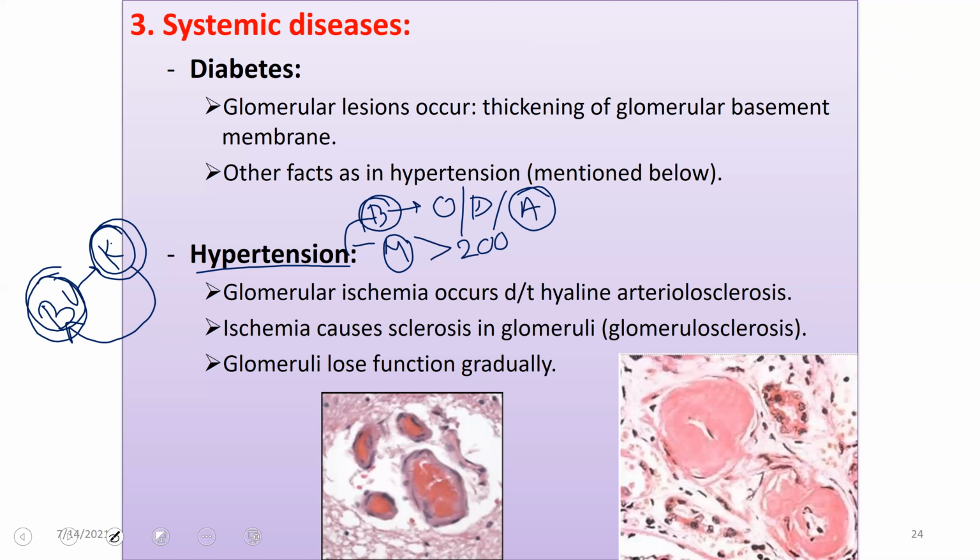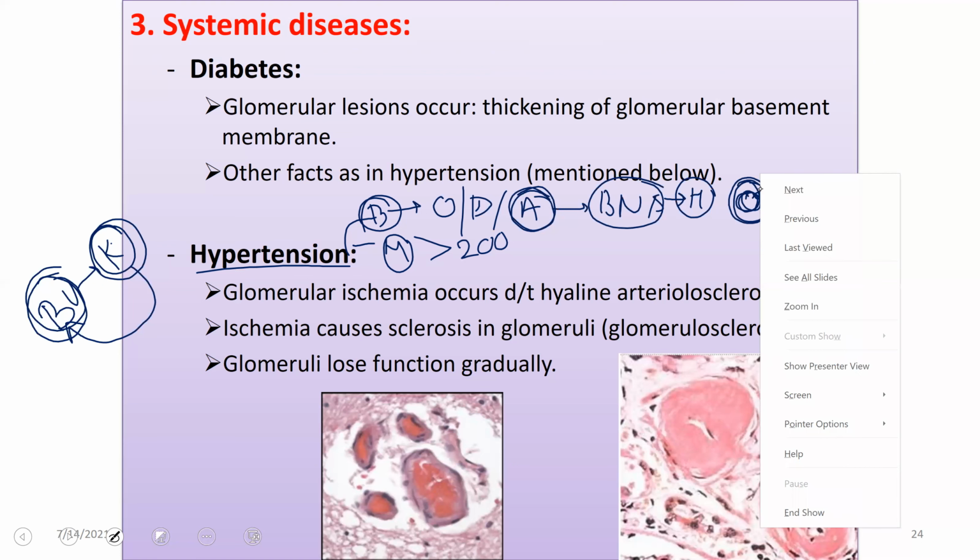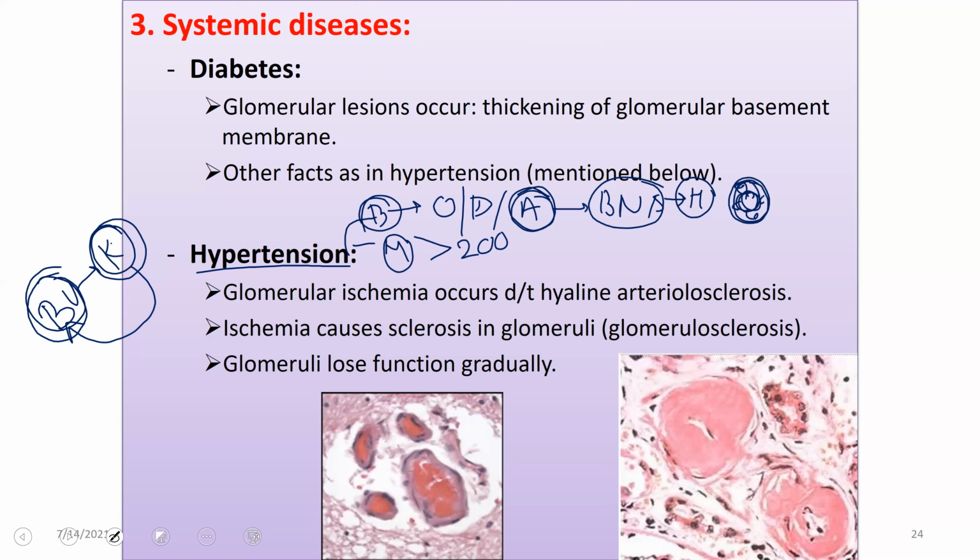Whenever the blood vessel is damaged in hypertension, whether malignant or benign, as I said, in case of benign hypertension or arteriolosclerosis, it will result in benign nephrosclerosis, and that will result in hyalinization of the capillary, as a result of which the lumen of the capillary will be decreased. So this is a capillary lumen, and in the tunica media we can appreciate several hyaline-like deposits, which are especially made of plasma protein, and eventually the lumen is compromised.